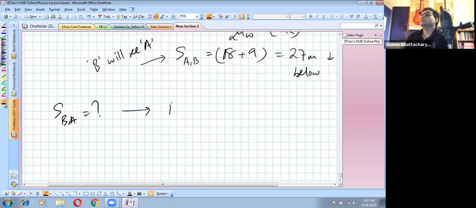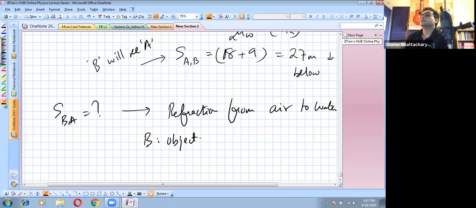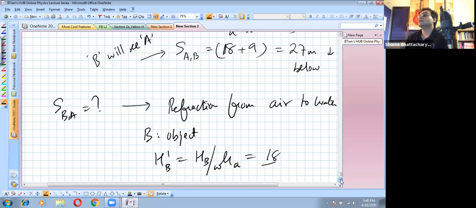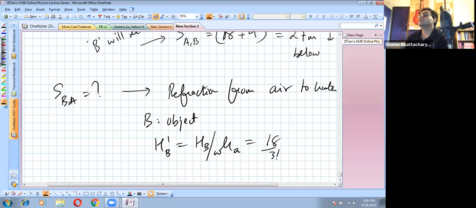So for this, the refraction is from air to water. Okay, so B is the object. So the apparent height of B above will be the real height of B divided by refractive index of air with respect to water. So that will become 18 divided by 3 by 4.